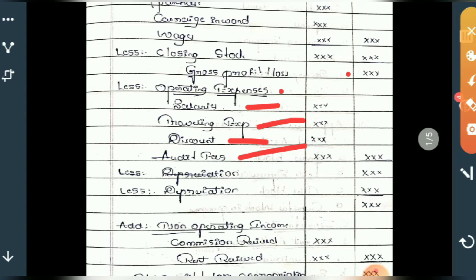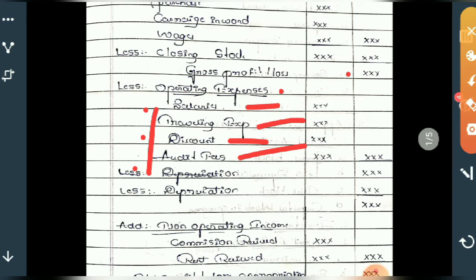Discount, audit fees, traveling expenses, such things will be there. All the office related expenses you have to write. So only major things are taken here in this format for format writing purposes. All the different items are not taken.